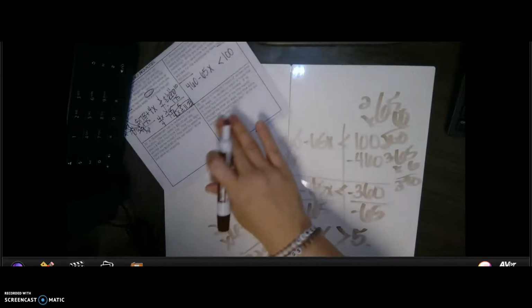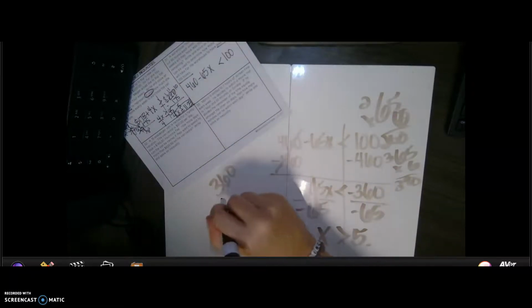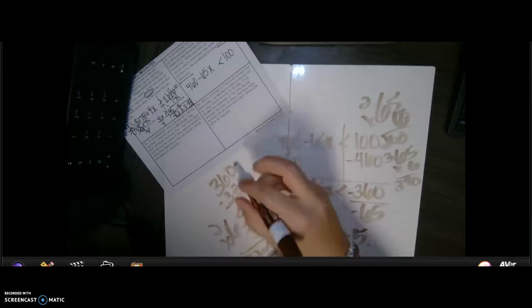So it'll be 5, because that was 325, and then we have 360 minus 325, would give me 35. So it would be 0.54 weeks. X is greater than 5.54 weeks, so about 5.5 weeks it would take them to get less than 100 boxes.